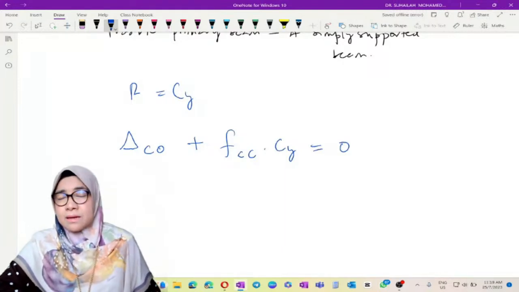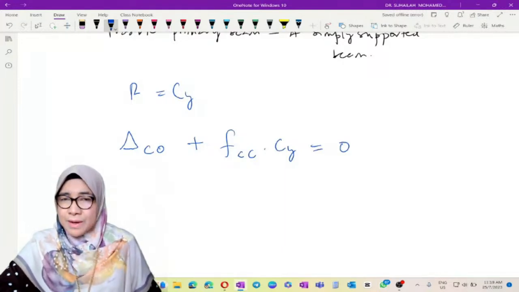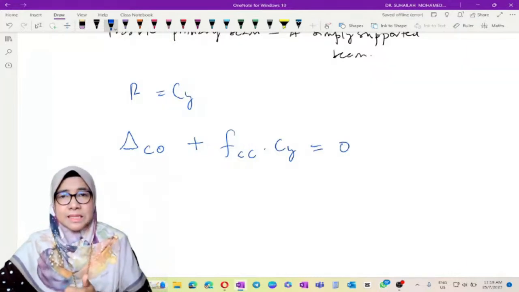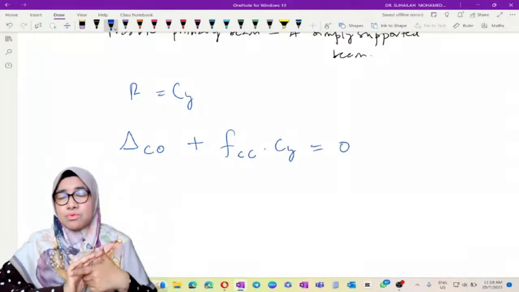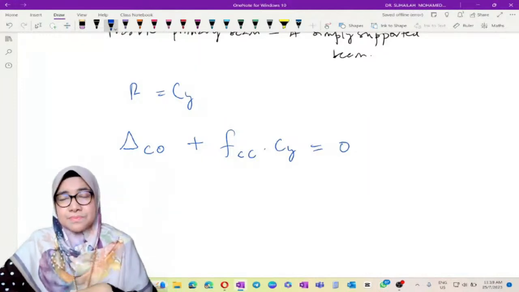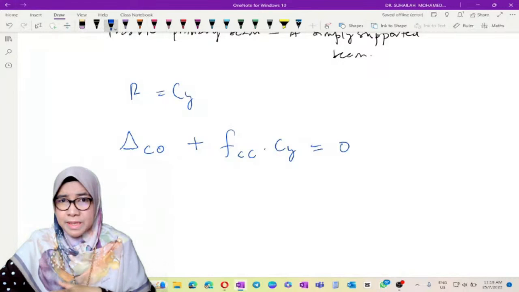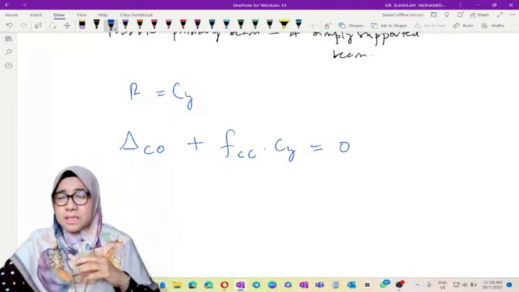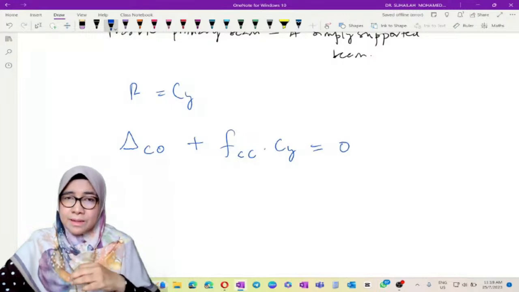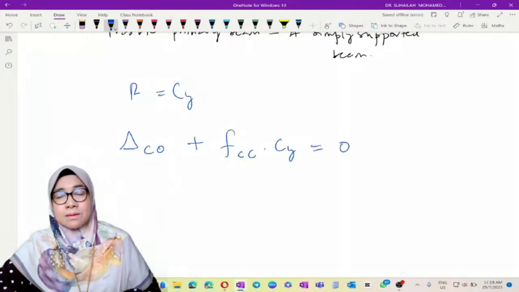From this, we will get the redundant value, the CY value, because delta C naught and FCC are both displacements at position C. One is in the primary beam and the other is in the redundant beam.